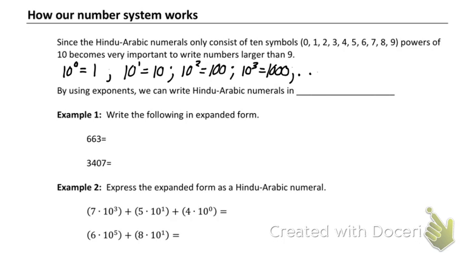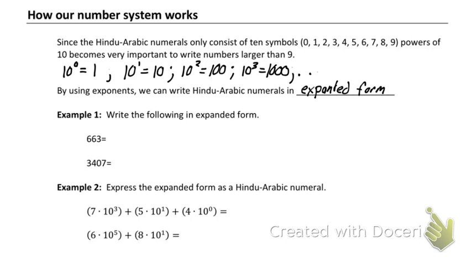All right, by using exponents, we can write Hindu Arabic numerals in what's called expanded form. This expanded form is what we're going to need to go between base 10 and other bases. Although it seems really easy today, it's going to be a little more difficult tomorrow.